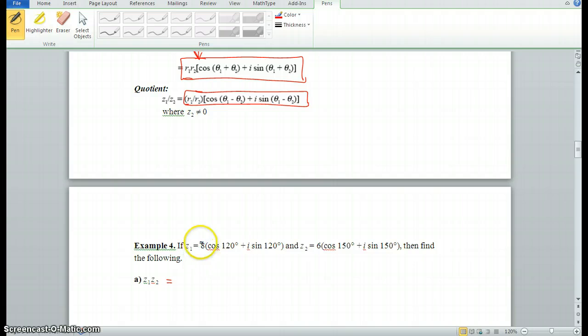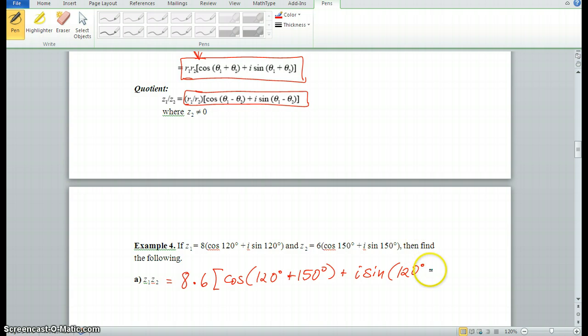So r sub 1 is 8, r sub 2 is 6, so 8 times 6 times the quantity, the cosine of theta sub 1 plus theta sub 2 plus i times the sine of theta sub 1 plus theta sub 2.